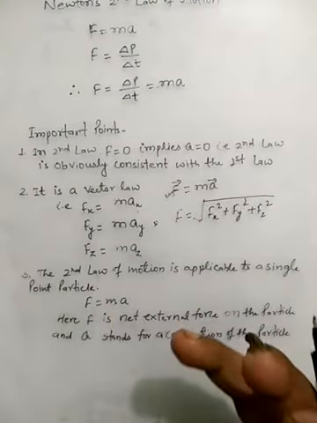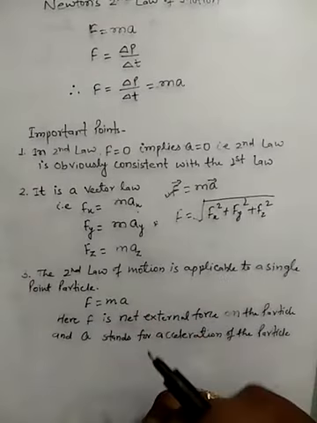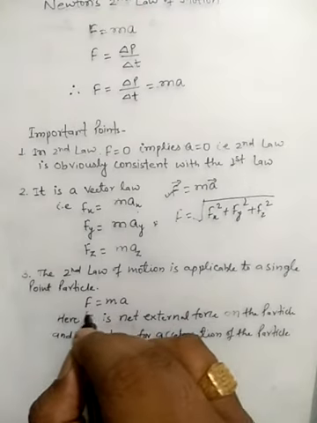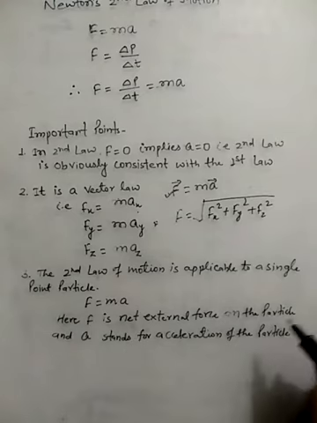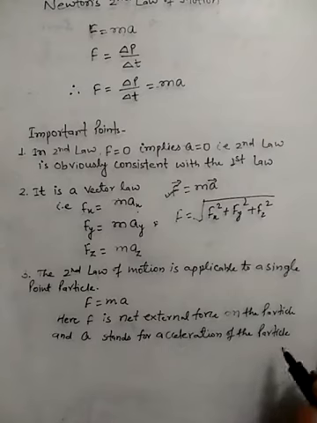That is, the object is supposed to be a point object or single point object. In the relation of second law of motion F equal to ma, here F is the net external force on the particle and a stands for acceleration of the particle in the direction of net force.